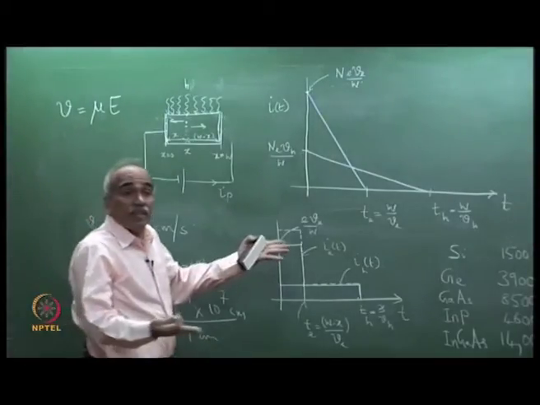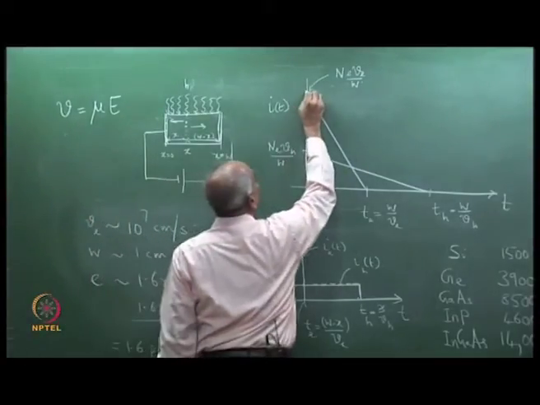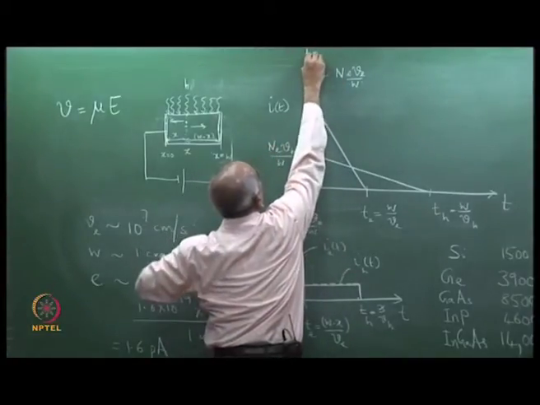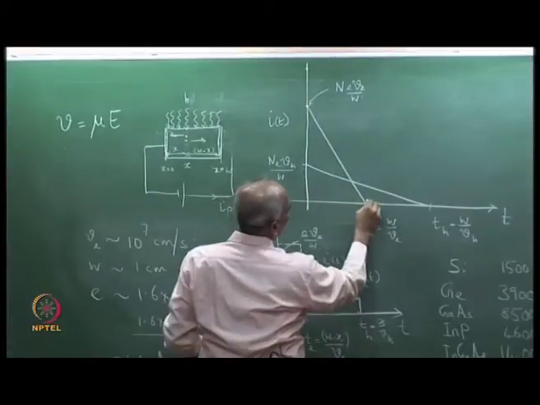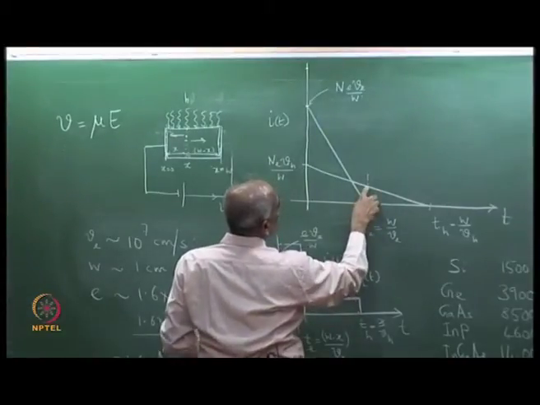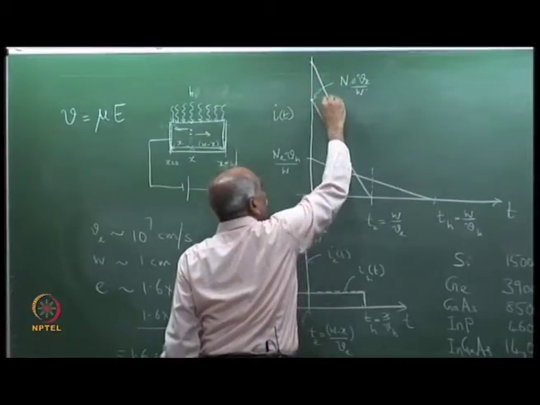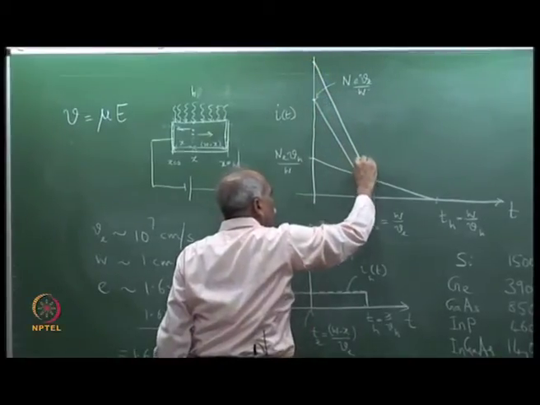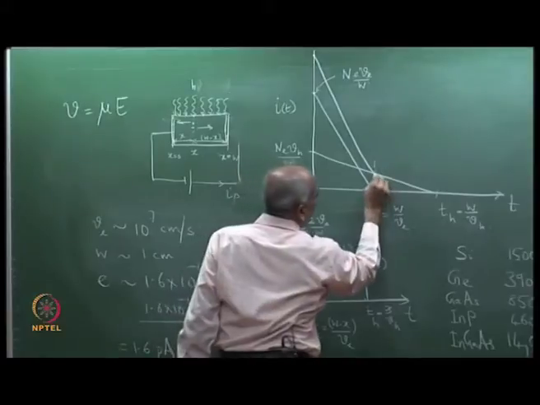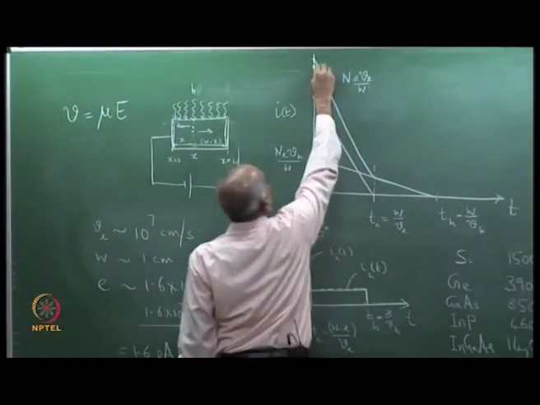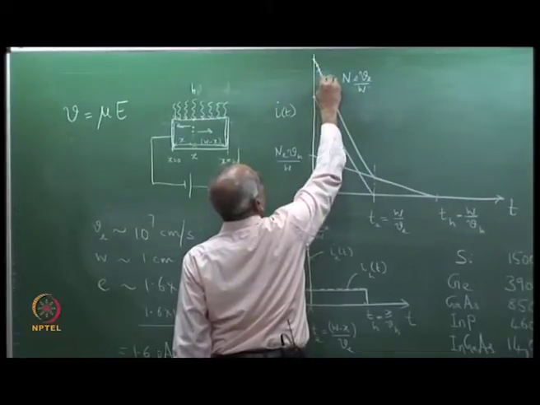What is the net? The net current is the sum of these two. So, this plus this is here, and up to this value it will have a sum. And then it will go just over this. So, just to distinguish, let me draw these with a different color.